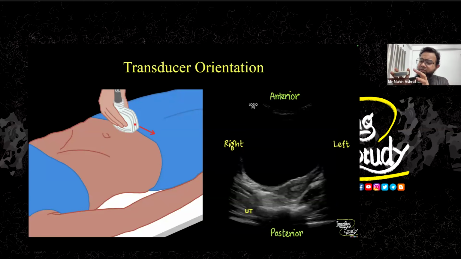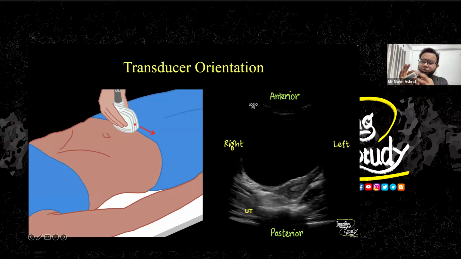We commonly put the indicator to the right side of the patient. If you're putting it to the right side of the patient, the screen orientation comes like this. The upper part will be always anterior because we are putting sound from the anterior to posterior aspect of the patient, unless you are doing it from the back side. And the right side of the patient will be the left of the screen, and left side of the patient will be the right of the screen. So that's a little bit confusing.